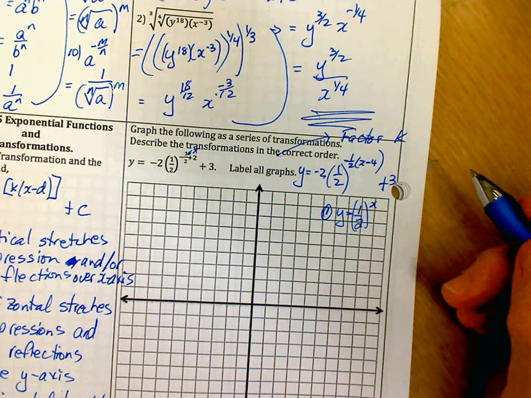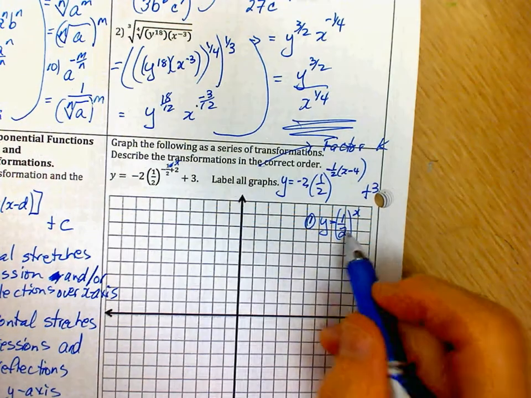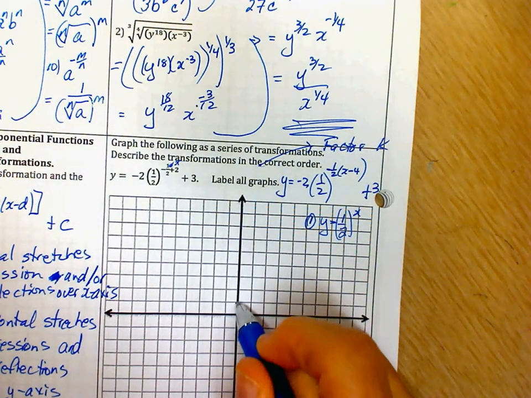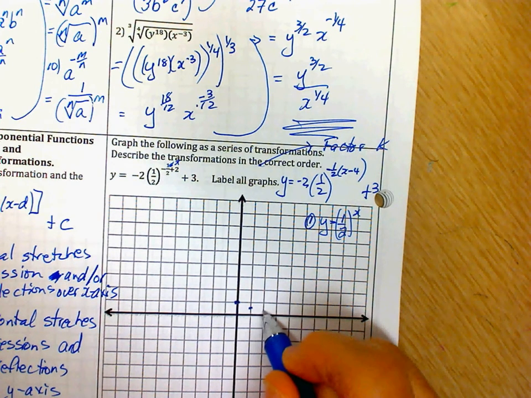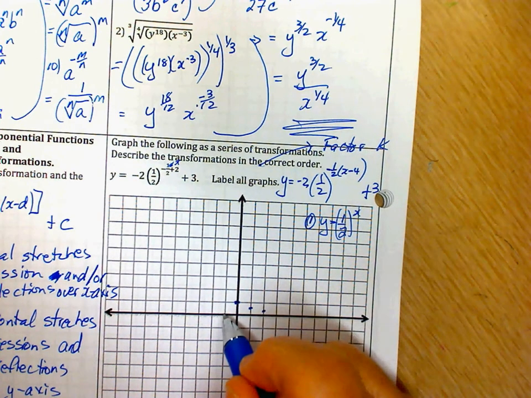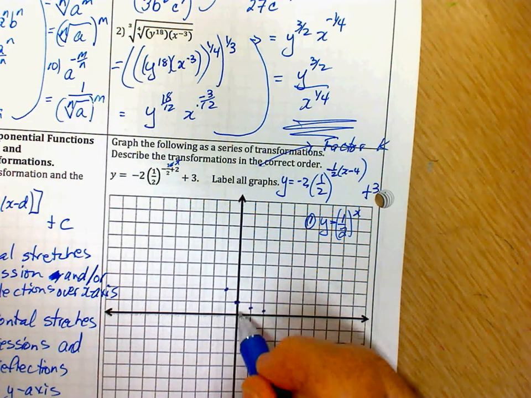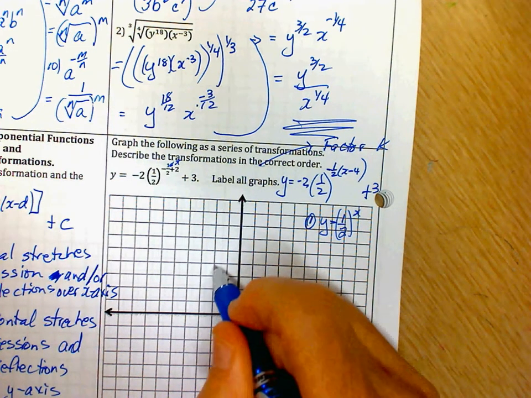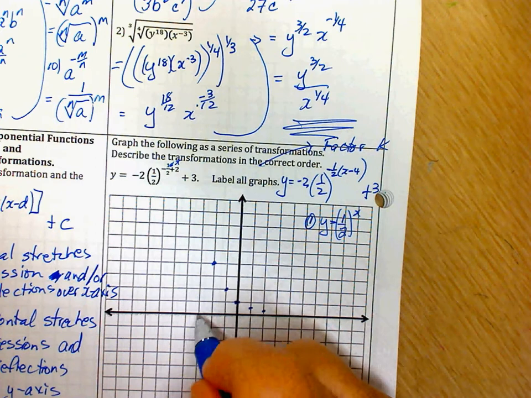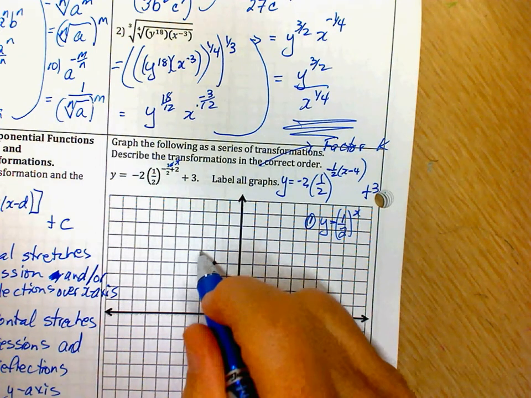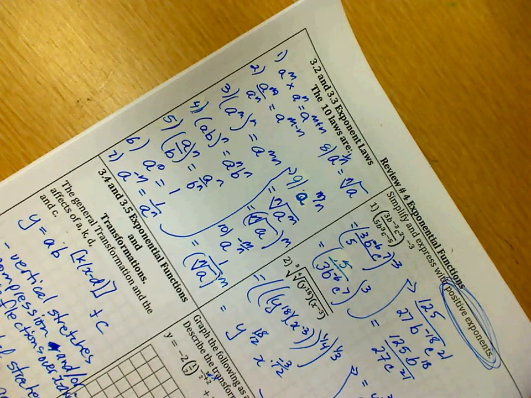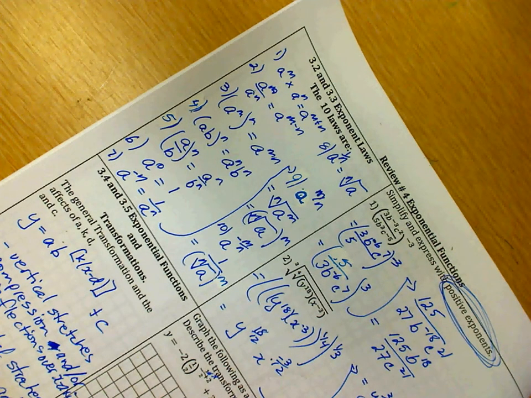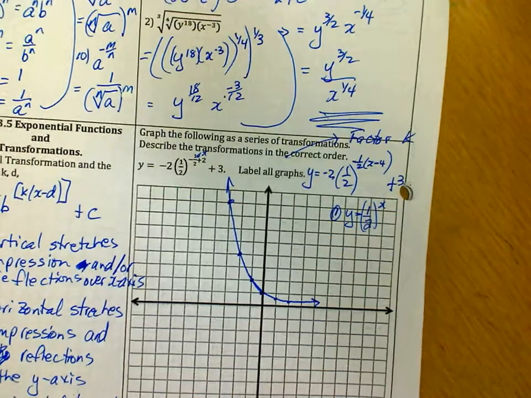So 1/2 to the 0 is 1. 1/2 to the 1 is a half. 1/2 to the 2 is a quarter. 1/2 to the negative 1 is 2. 1/2 to the negative 2 is 4. 1/2 to the negative 3 is 8. Okay, that's our parent function.